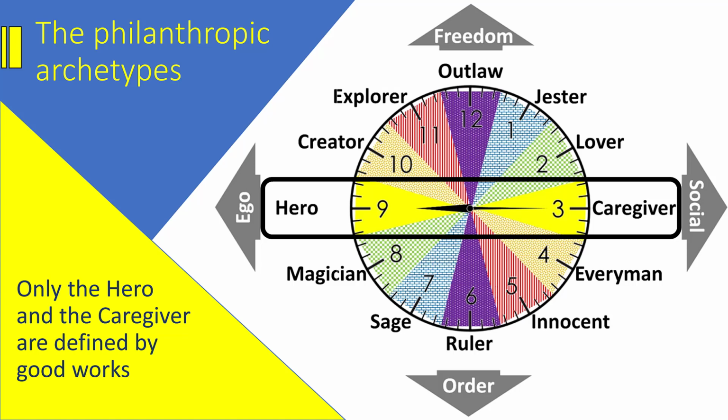The innocent is good, but the goodness is based upon what is not done rather than what is done. The sage is good, but the goodness is based upon advising to act. It's not based on actually performing the act. All others can perform bad acts without breaking character at all.